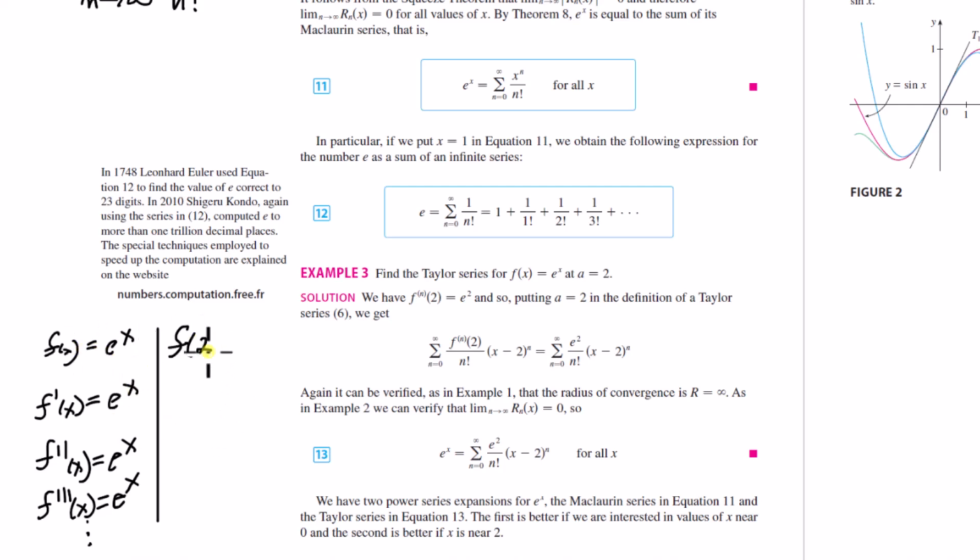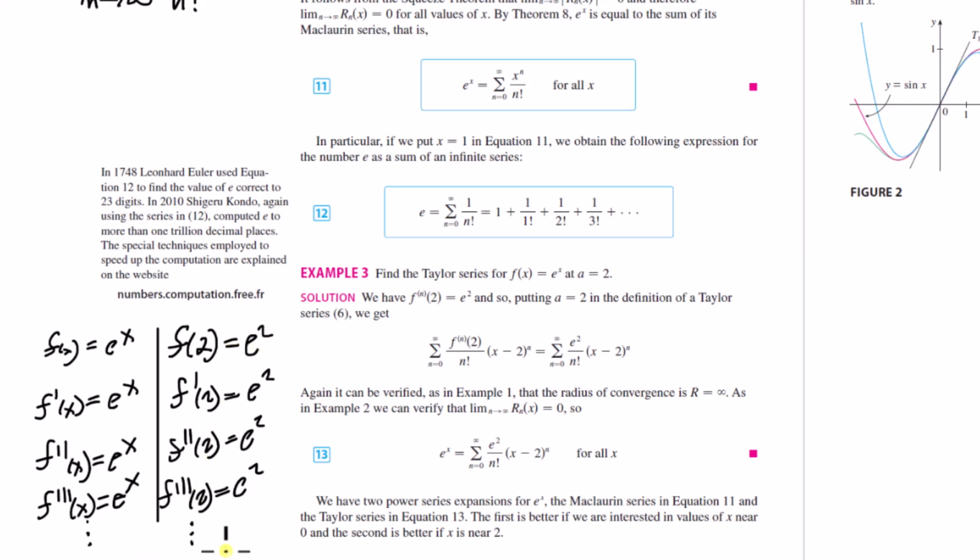So f of 2 is e squared, f prime of 2 is e squared, f double prime of 2 is e squared. Okay, and so obviously having a center point of 0 is always nice.